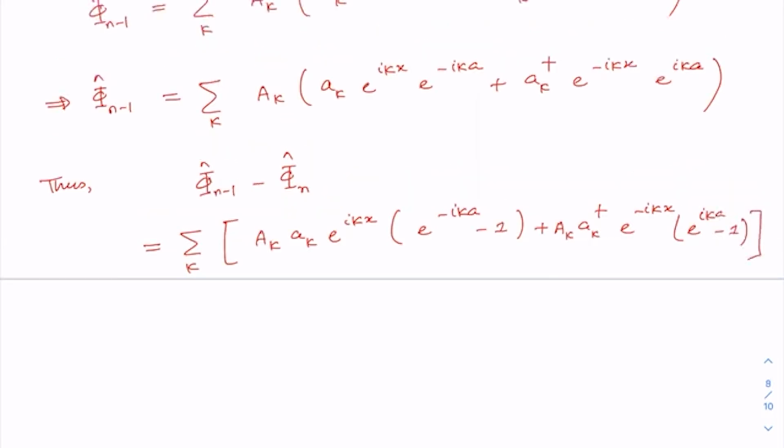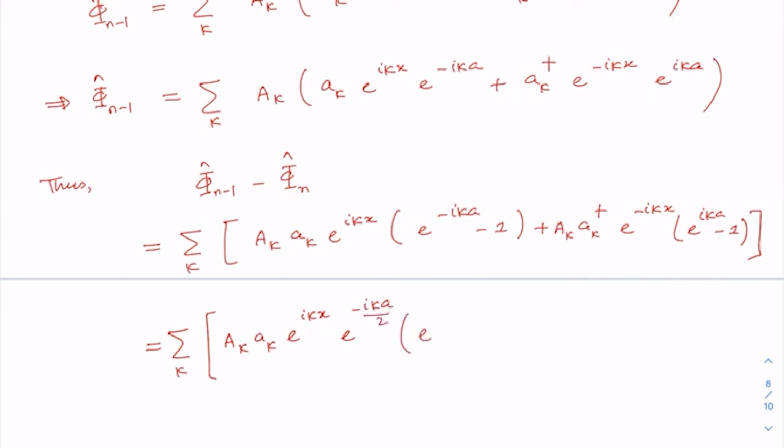This I can further write as summation over k ak e to the power I kx e to the power minus I ka by 2.